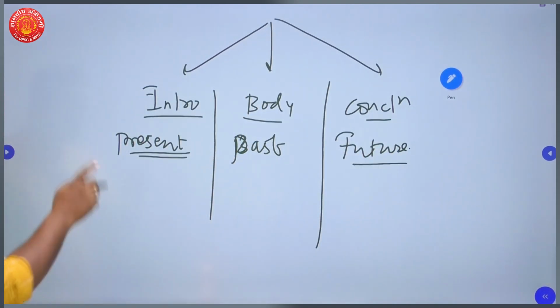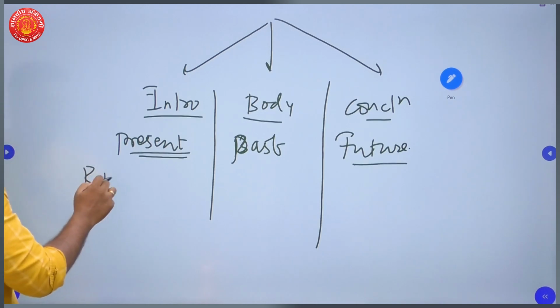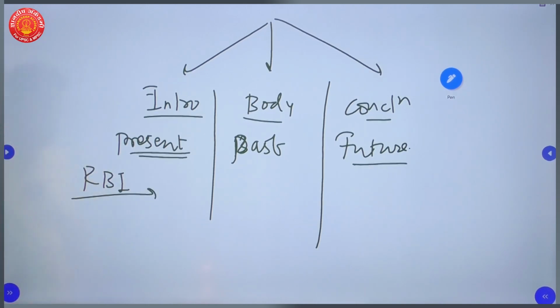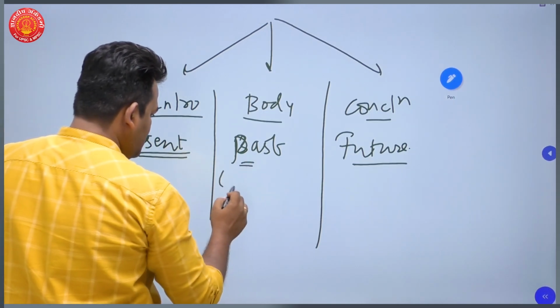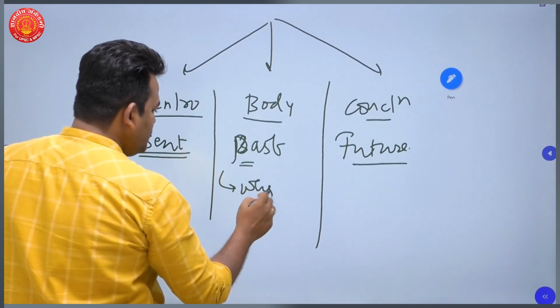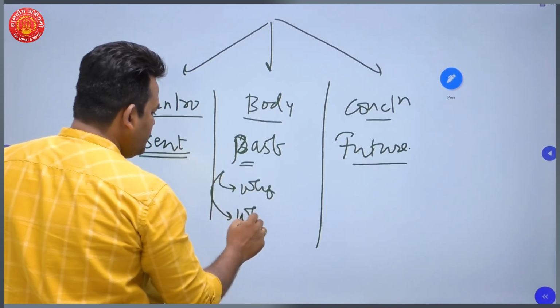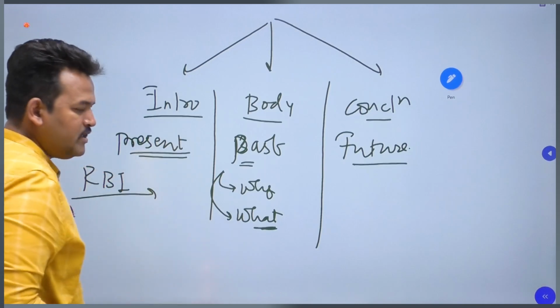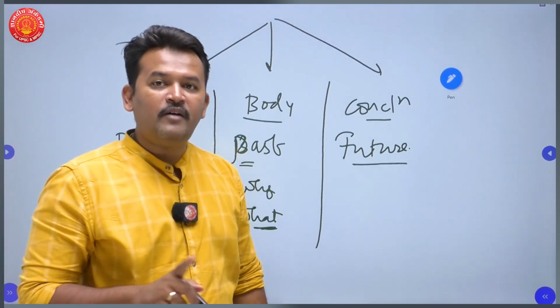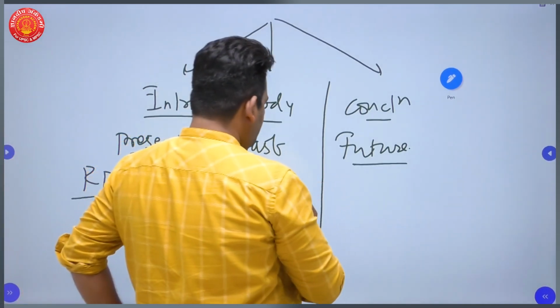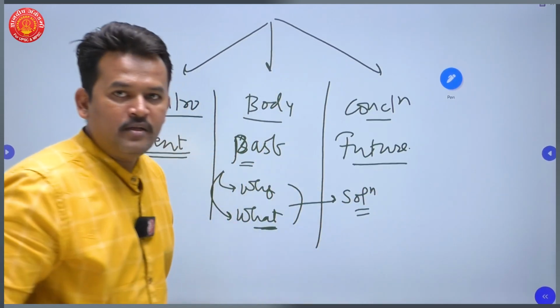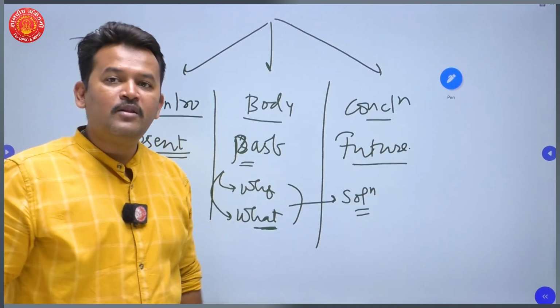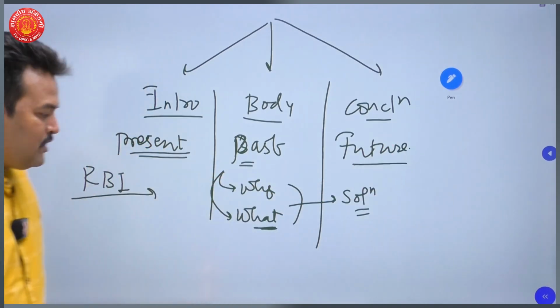In this particular question, the present is the RBI report that has shown the decline in household saving. In the body we are going to discuss why this trend occurred and what challenges and implications it will present for macroeconomic stability. After that, in the conclusion, we should give some solutions on how to avoid this situation. This will be our standard format for all the questions, right?